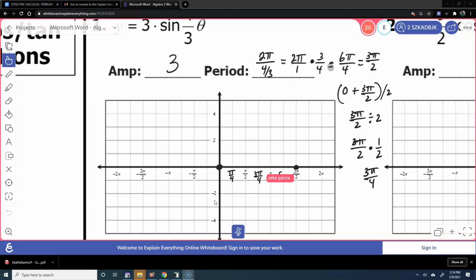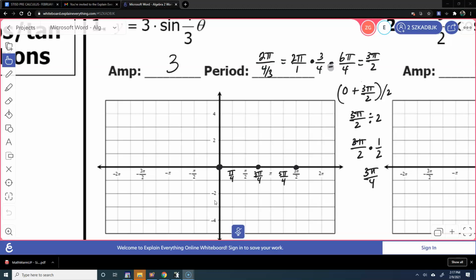So the next one is 5 pi over 4. And the next one is 6 pi over 4, which reduces to 3 pi over 2. So I know sine starts at 0, and I know now the middle between 0 and 3 pi over 2 is 3 pi over 4, which is right here.